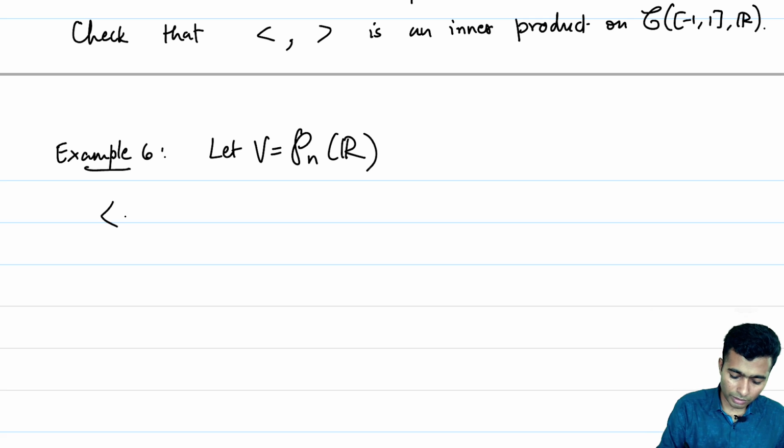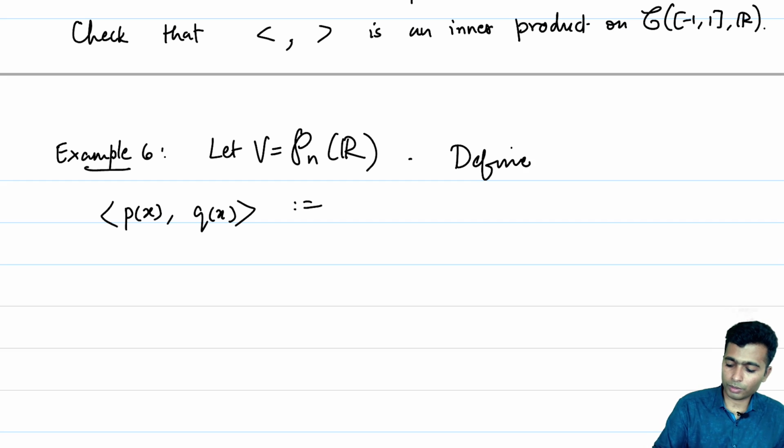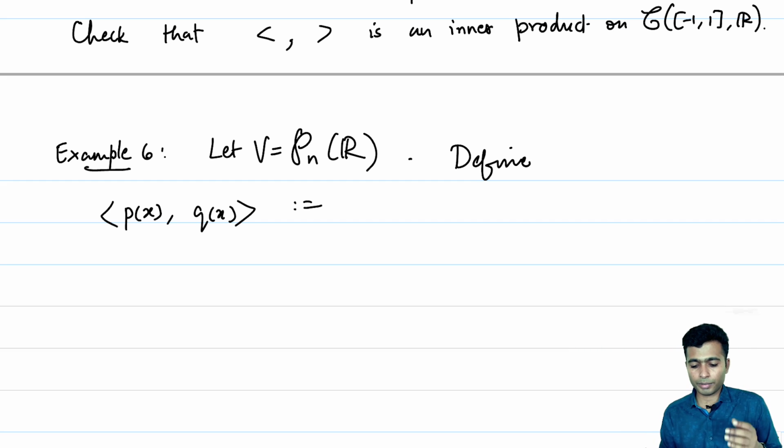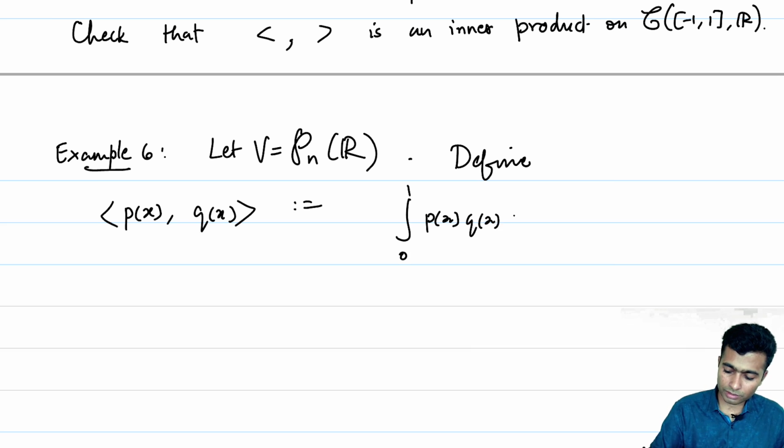We would like to now define P of x, Q of x. So define, oh yes, so recall that Pn of R is sitting inside P of R, which is sitting inside C of 0, 1 to R, for example. So we can define the integral from 0 to 1 of P of x, Q of x dx.